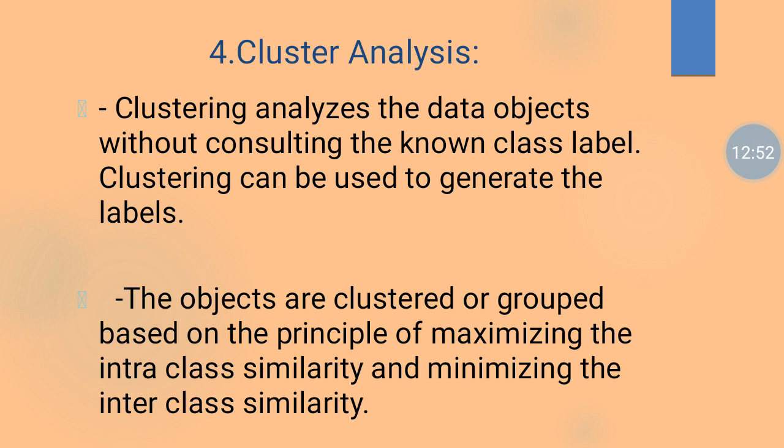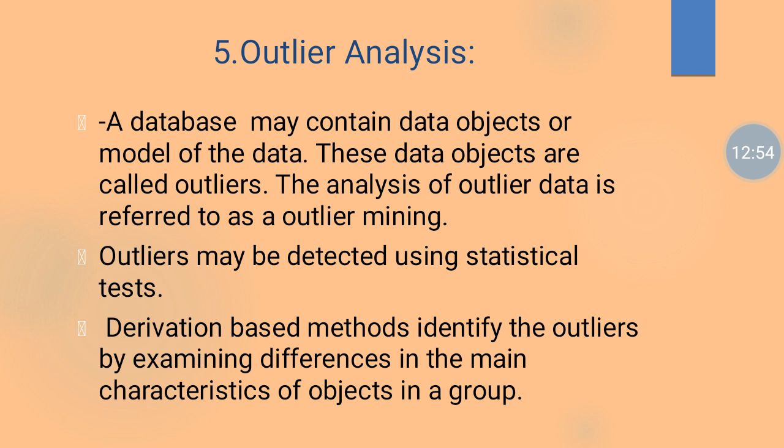And next, the fifth functionality is outlier analysis. A database may contain data objects or models of data that do not comply with the general behavior. So what is the content of a database? Data objects or models of the data. These data objects are called outliers.